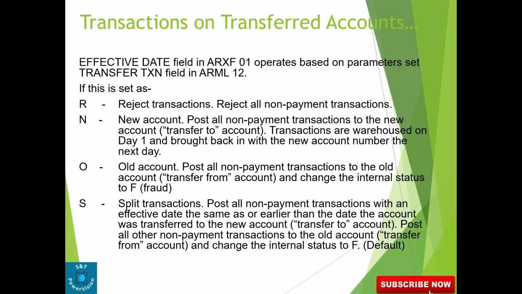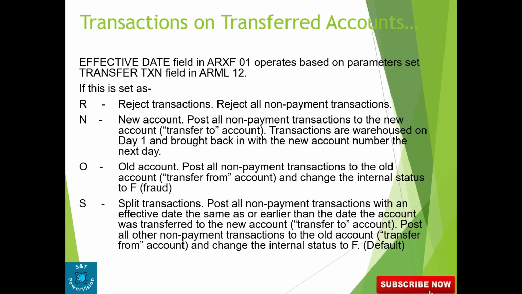The effective date field in AR Accept 00 operates based on the transfer transaction parameter set in ARML12. If you go to ARML12, there is a transfer transaction parameter defined over there. If R is set there, it will reject all non-payment transactions. N means new account: post all non-payment transactions to the new account.